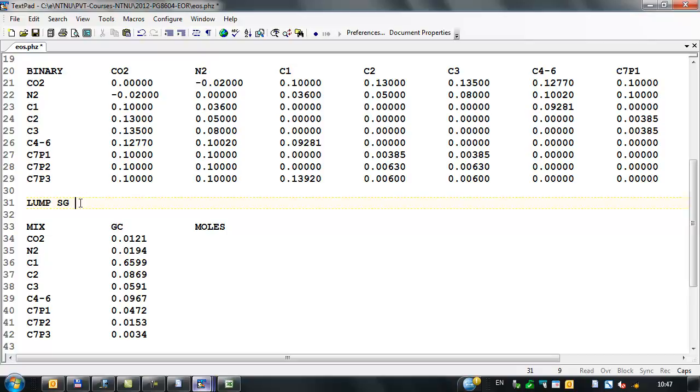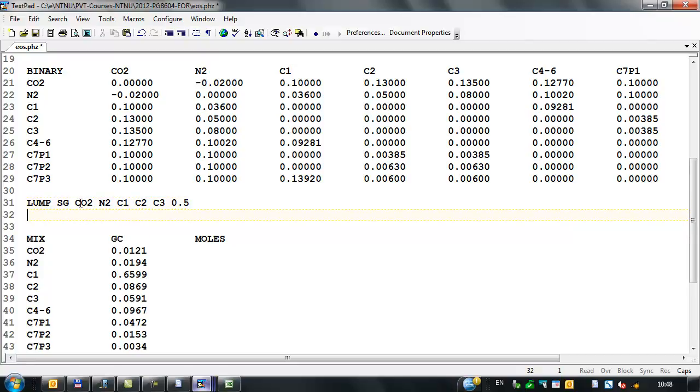That will be all of CO2, nitrogen, C1, C2, C3, and 0.5. What was that number? Well, that's the amount that goes into the liquid. That's going to be lump surface oil.